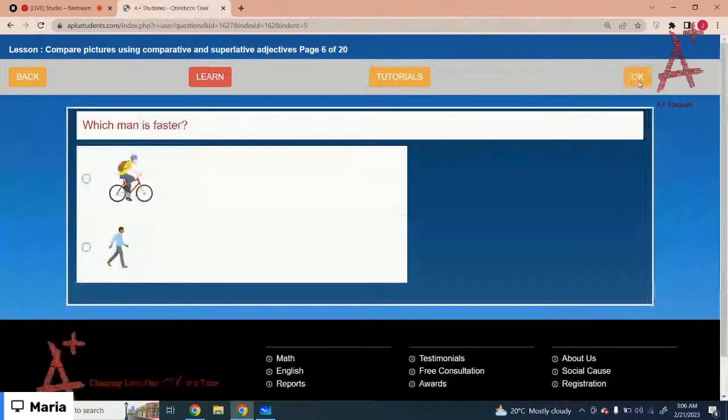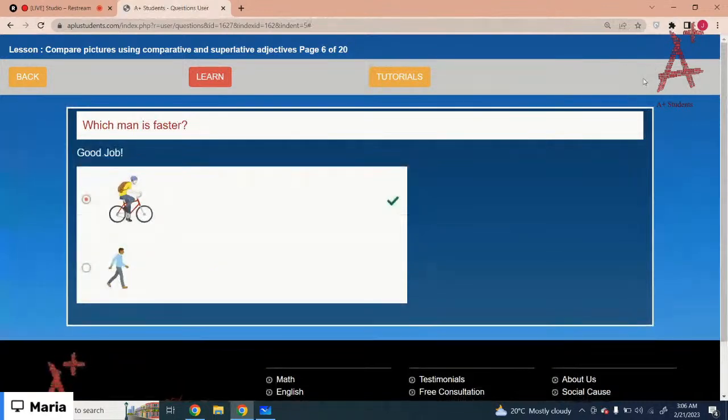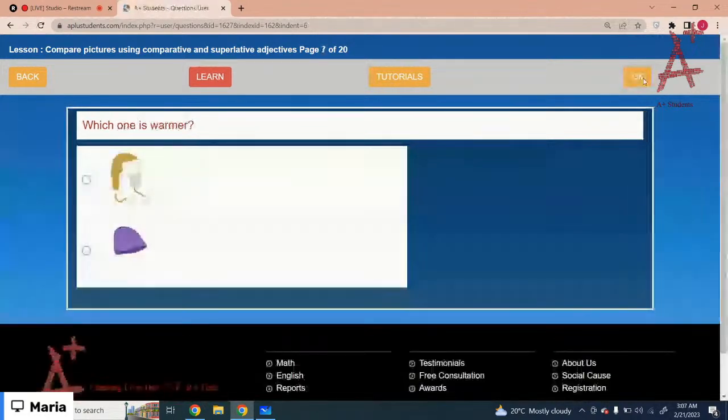Okay, which man is faster? The one on the cycle or the one who is walking? Obviously, the one on the cycle is faster, got it? So option number one is the correct option. Okay, which one is warmer, the first one or the second one?